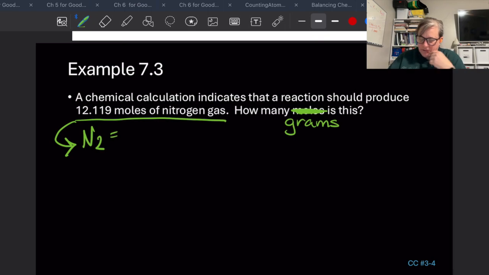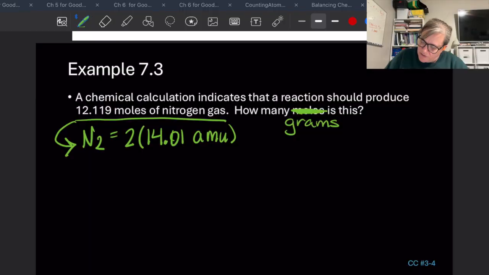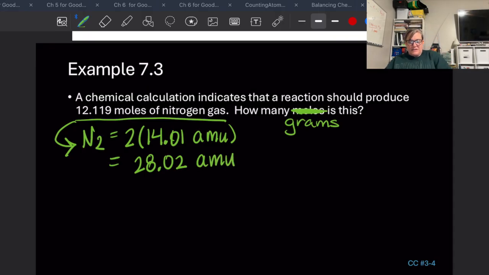When we look at finding the molar mass of nitrogen gas, 14.01 AMU times 2, we get 28.02 AMU, the mass of one molecule.